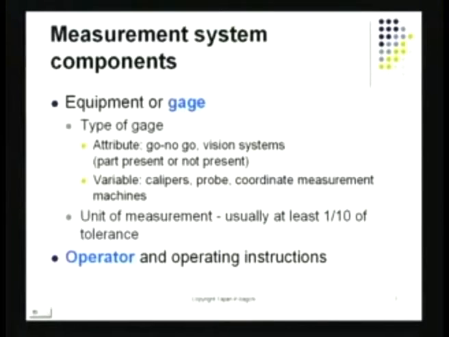Then there is one part caused by the gauge, which introduces some error because of repeatability issues. The third component is the human being, the operator who puts the object there, applies the gauge and gets a reading. There may be some errors introduced by the individual also. This is what we call reproducibility, and that changes from person to person.